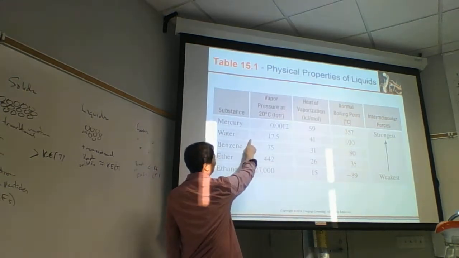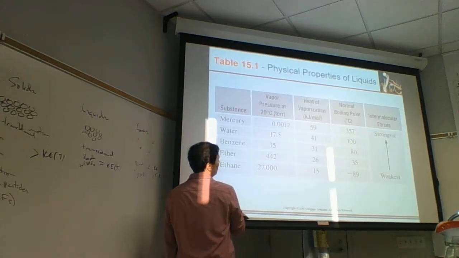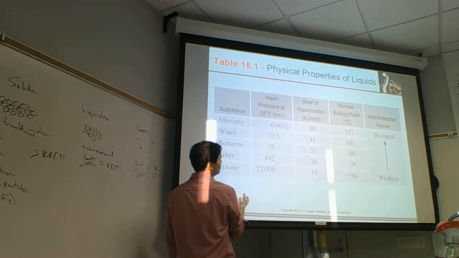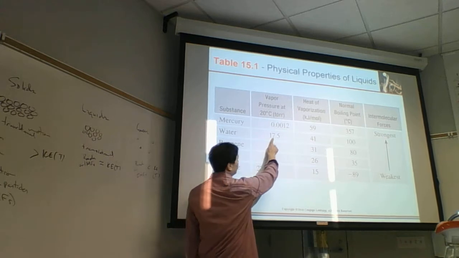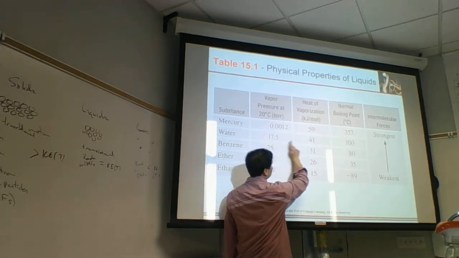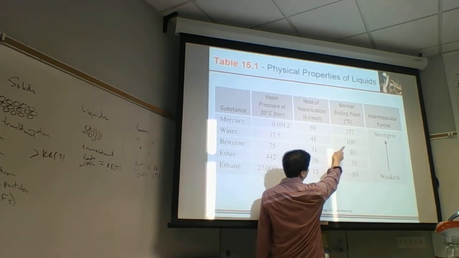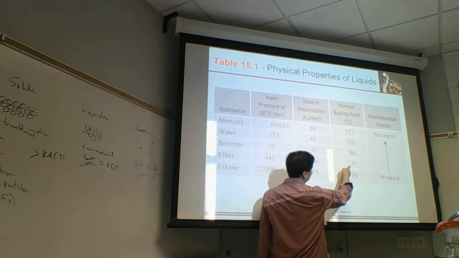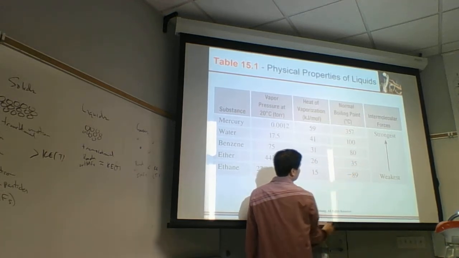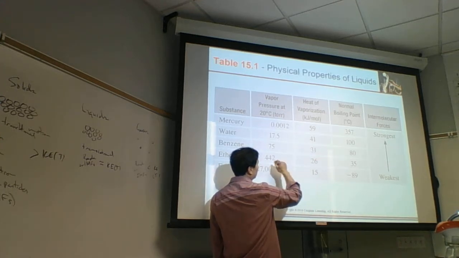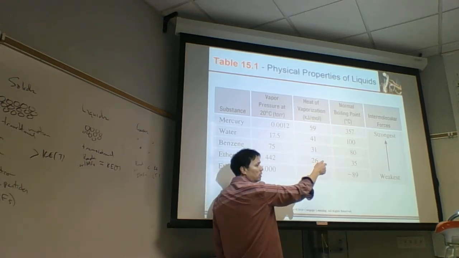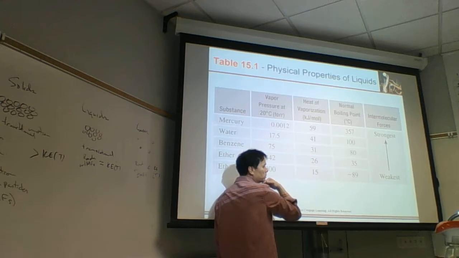Water has a much higher surface tension, much higher viscosity, but it has a lower vapor pressure. Low vapor pressure, high heat of vaporization, high boiling point, high viscosity, high surface tension. And so it's always going to be kind of like this: low, high, high, high, high, or high, low, low, low, low, as far as the properties of liquid go.